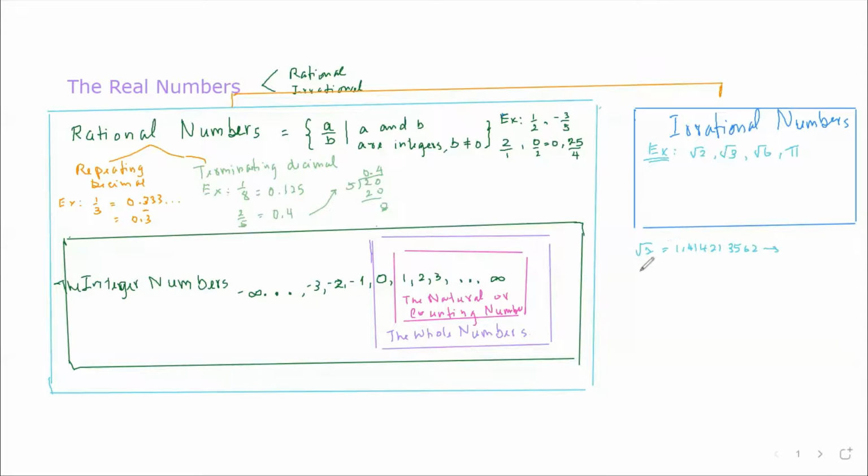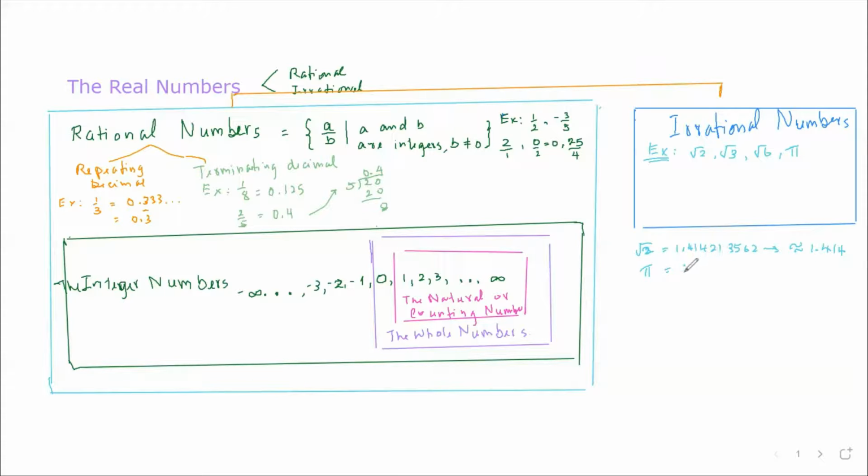Like pi, right? Pi, we know, in general we approximate its size. So for the square root of 2, we use only about 1.414 for calculation, but actually it can continue.